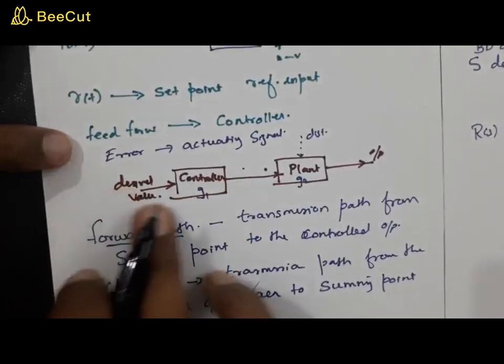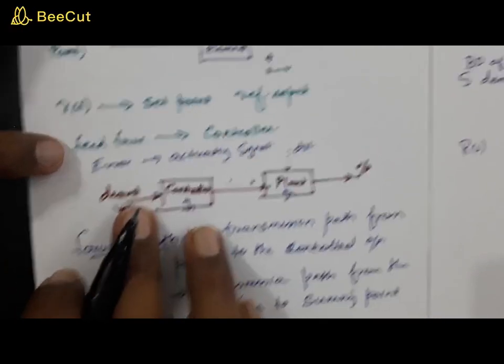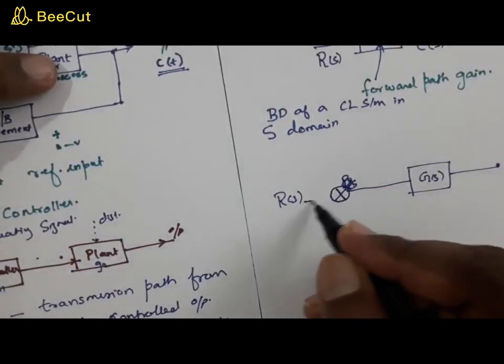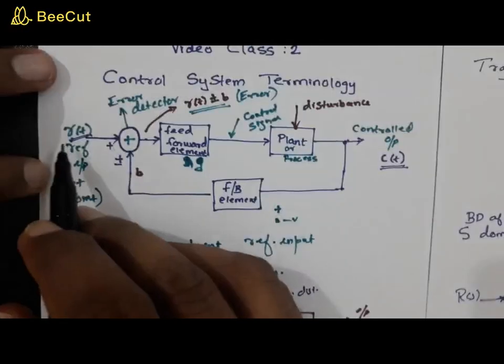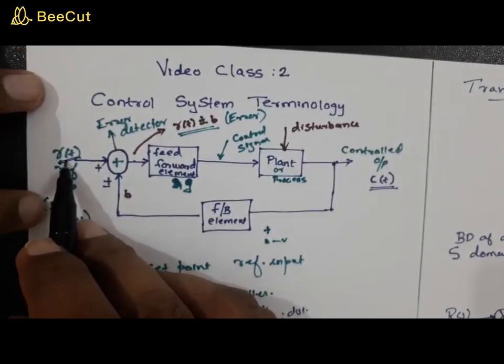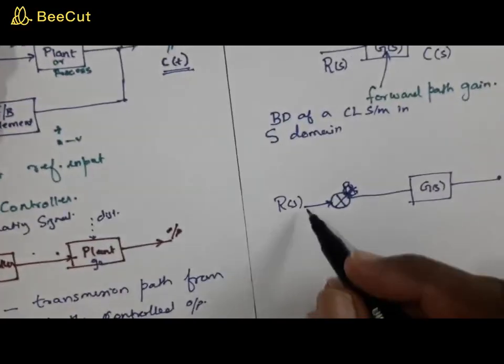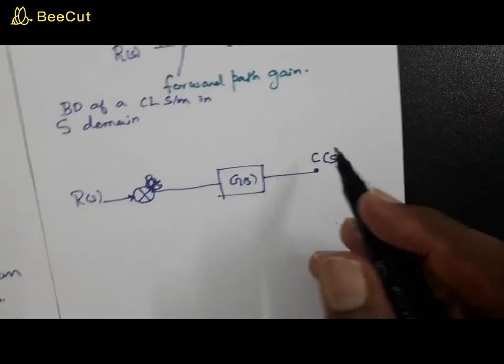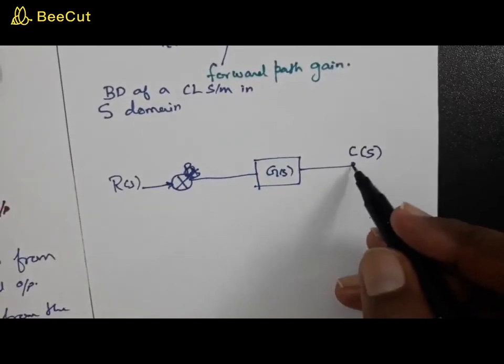You don't have any summing point here, so here I'm bringing that summing point. One of the inputs is R of S. Here it is R of t, which has to be converted to the S domain. So this is R of S, and this is G of S, and that results in C of S, instead of C of t.